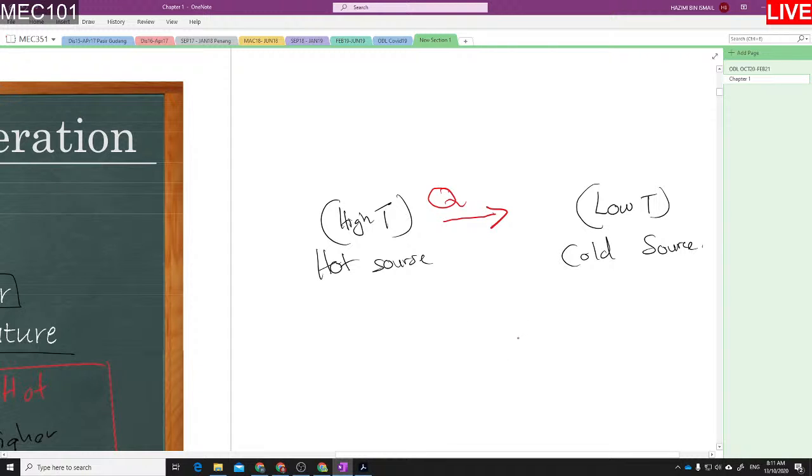By the first law of thermodynamics, energy cannot be created nor destroyed, but can transform into another form. For the second law of thermodynamics, we know that in nature, heat will be transferred naturally from high temperature region to low temperature region.